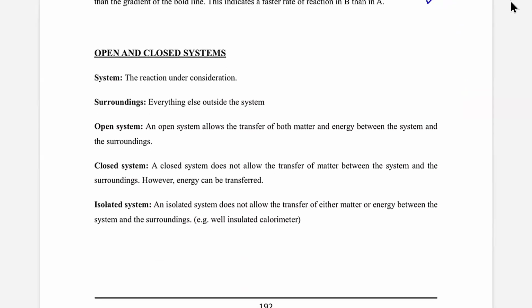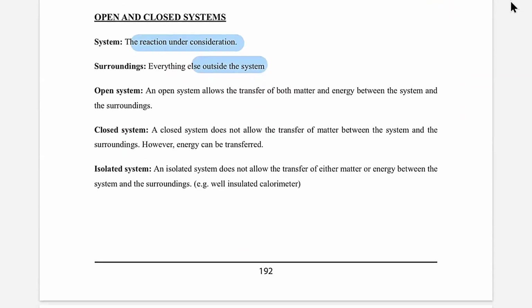Now, we have to understand open and closed systems. What is a system? A system is something you consider, in this case the reaction under consideration. Surrounding is everything else, outside the system. What is an open system? In an open system, both matter and energy can be transferred between the system and surroundings. So it allows matter and energy both to penetrate.